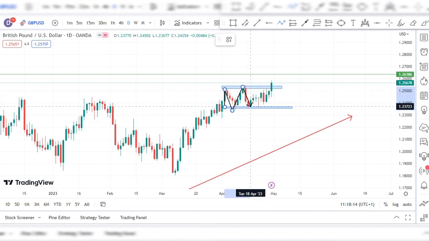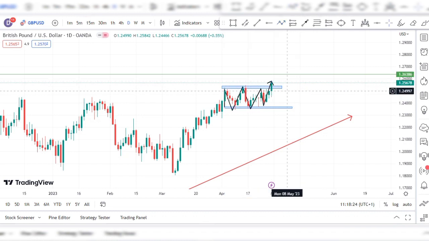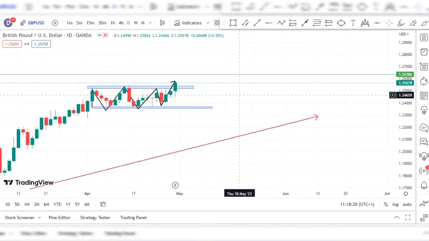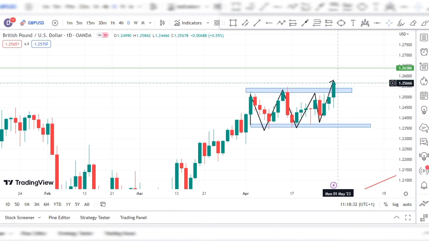Price came back up, came down, and has now broken the top of this channel. The last candle to break was quite a strong daily candle that broke through that area.